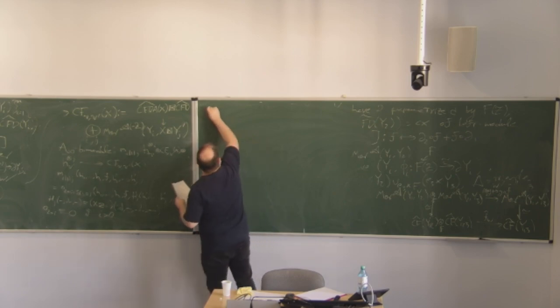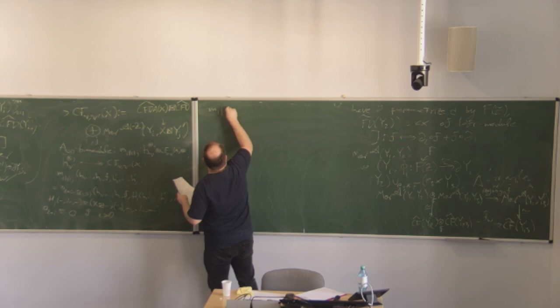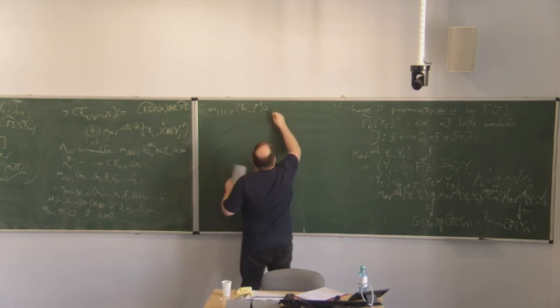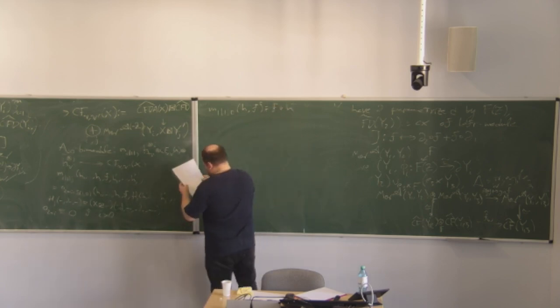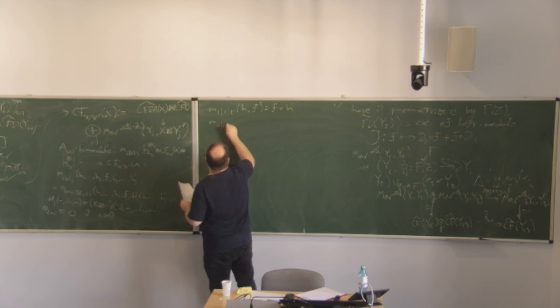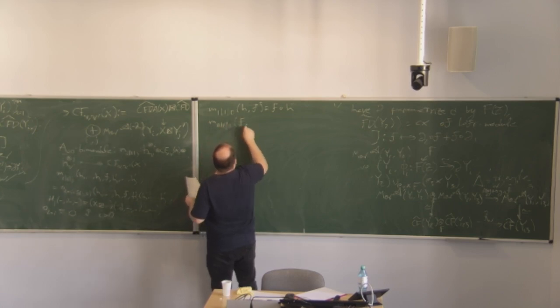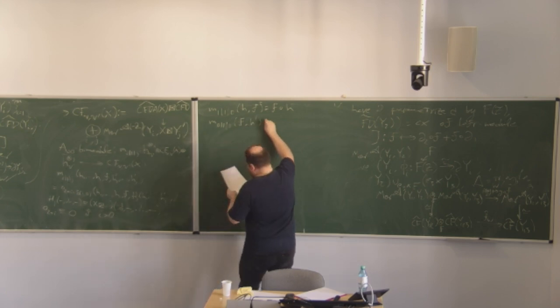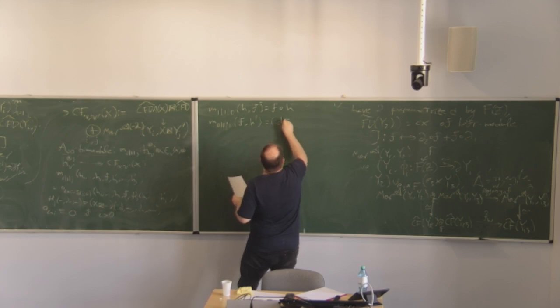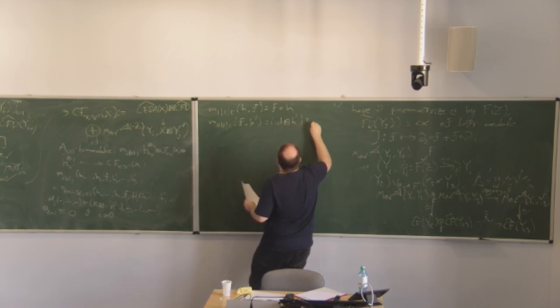So I'll write out a couple of these. m110 of h with f is just f composed with h. Similarly on the right, m011 of f with h prime is identity box h prime composed with f.